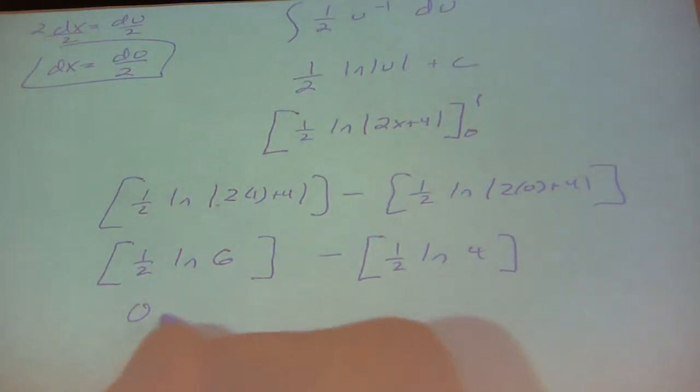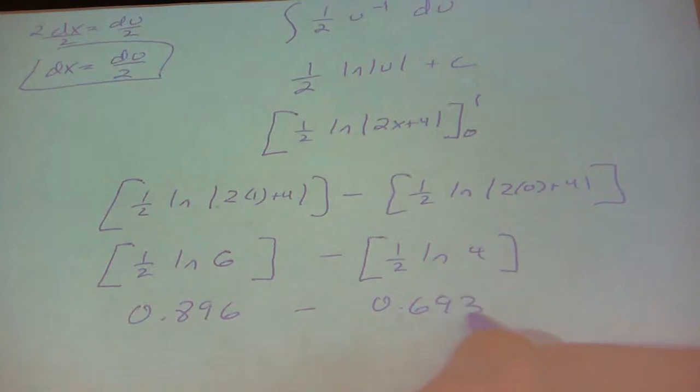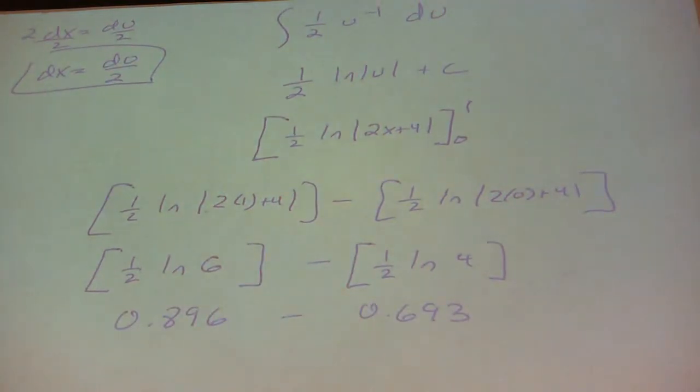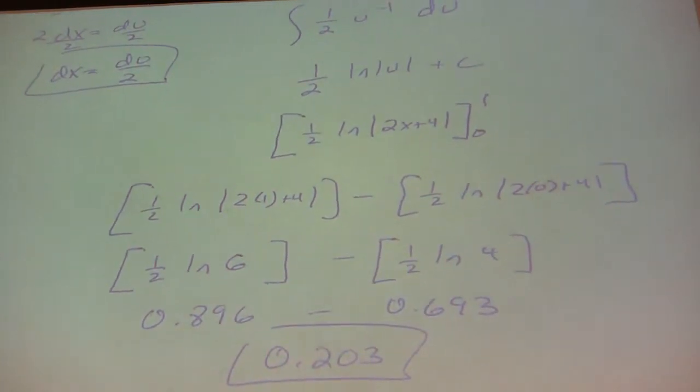This gives you 0.896, let's say. And this gives you 0.693. And if you subtract 0.896 minus 0.693, you get about 0.203. Now again, you may be wondering, oh my gosh, what if I made a little mistake?